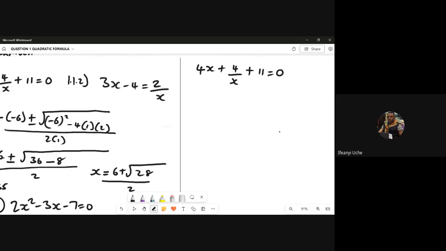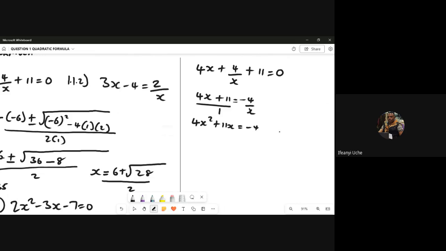I can equally move the 4 over x, let's say something like this, 4 over x here. Then what I'll do is cross multiply, which is still going to give me 4x squared plus 11x equals negative 4.